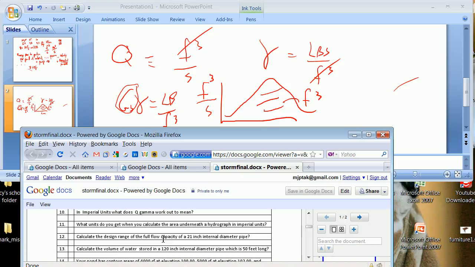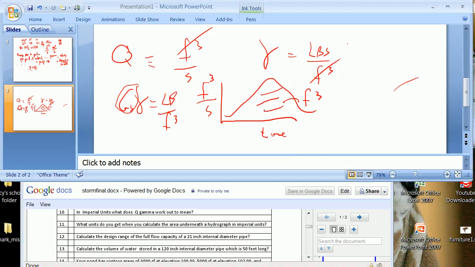Now you're on to the normal range of velocities of pipes. You have to do that as a two-step problem. You have to know the area and then the velocity. A 21-inch pipe compares to 24. It's smaller. 21 divided by 24, then you square it, multiply by pi, and then multiply by 10 for the top end, and by 3 for the bottom end.